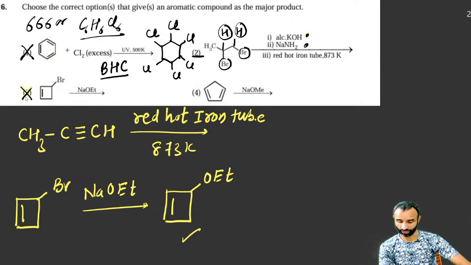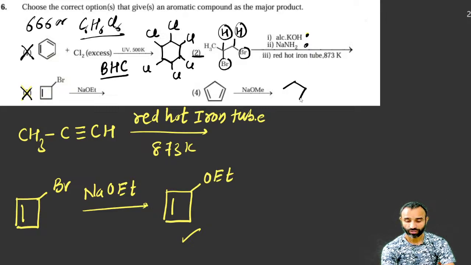Now the fourth one, we have sodium methoxide, which is a base, just like sodium hydroxide. To act as a base, this compound should act as an acid. So if it gives H plus, we get this compound, cyclopentadienyl, and it is aromatic.